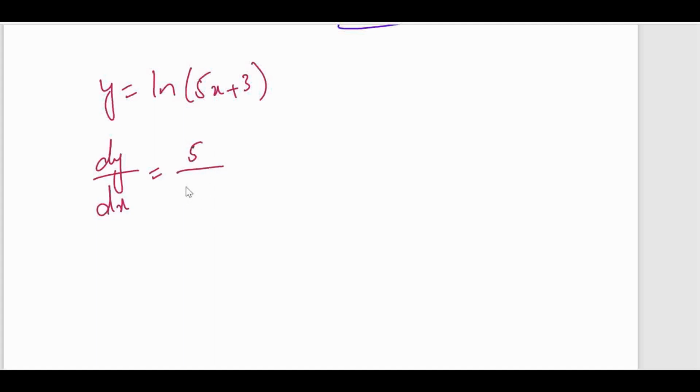Let's see. Let's say we have a function y is equal to natural log of 5x plus 3. Now we can directly write the derivative of this as dy by dx is equal to 5 by 5x plus 3, because this one is quite related to y is equal to natural log of x.